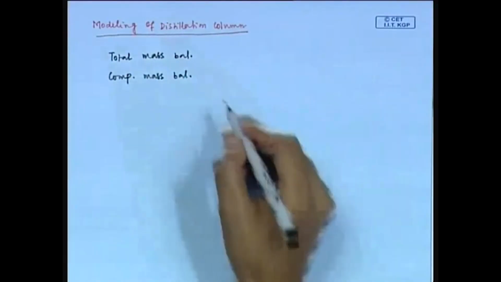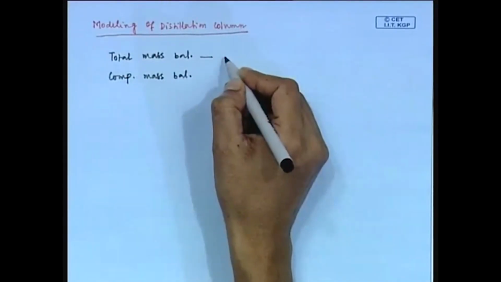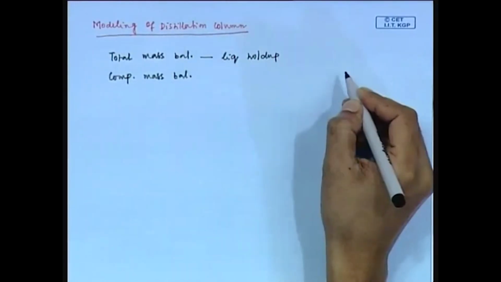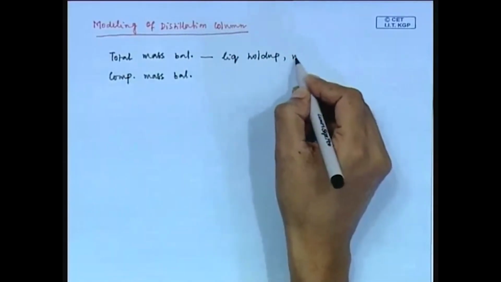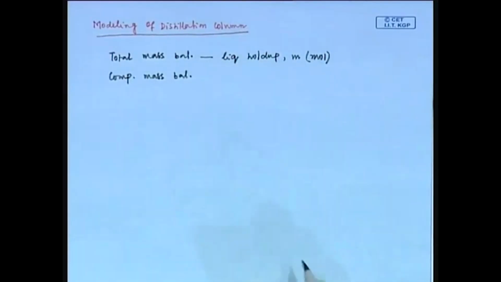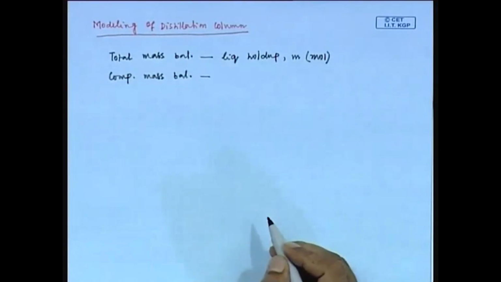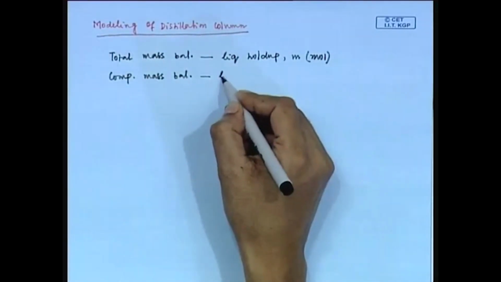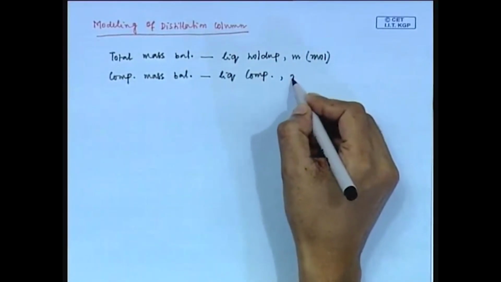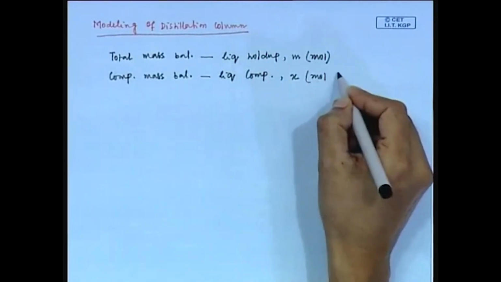Now, we have mentioned that the total mass balance equation is used to calculate liquid hold up, represented by M, unit is mole, and the component mass balance equation we can use to calculate liquid composition, which we have represented by X, and X is the mole fraction.